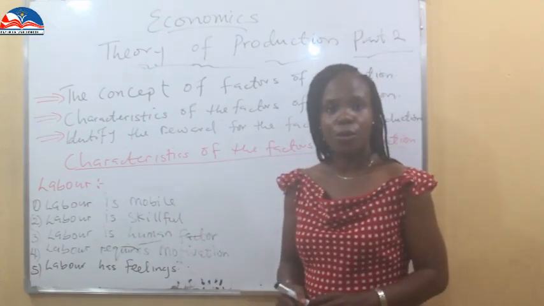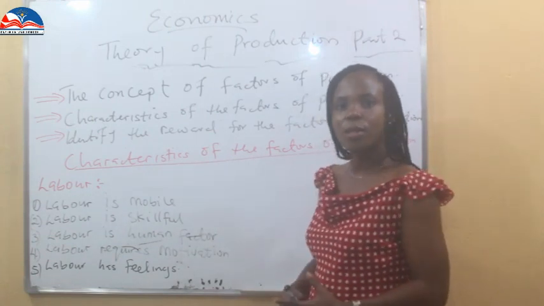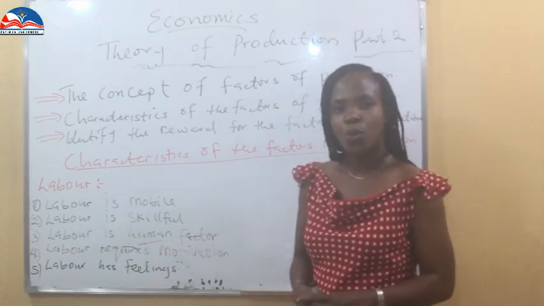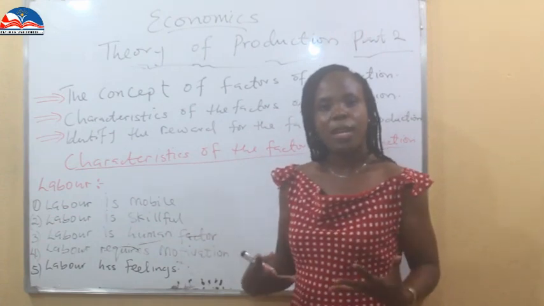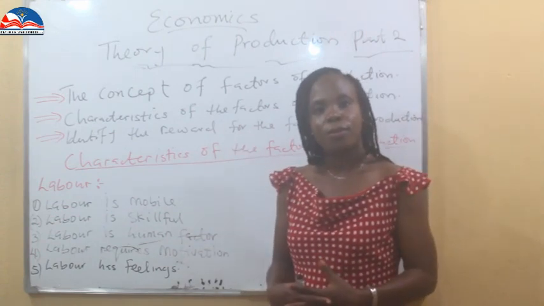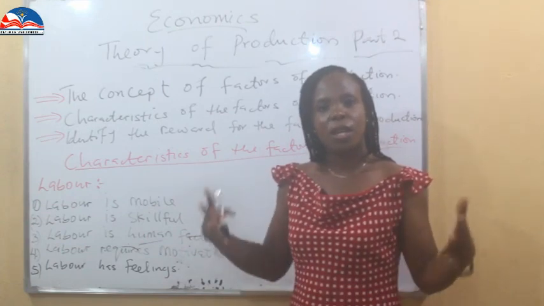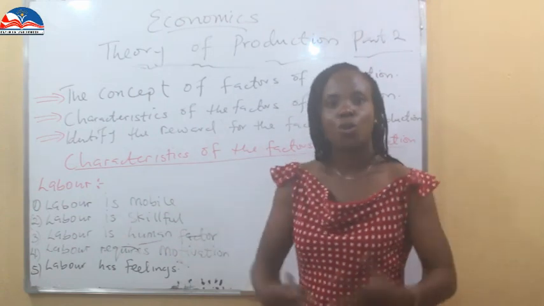Labor is skillful. It can be skilled, it can be unskilled. Labor is a human factor because human nature is involved. Humans use their skill, use their knowledge, use their ability to provide solutions.